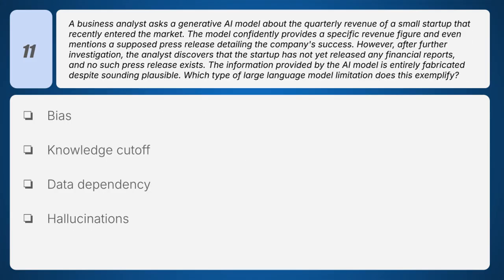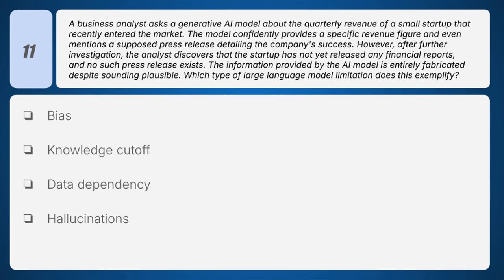A business analyst asks a generative AI model about the quarterly revenue of a small startup that recently entered the market. The model confidently provides a specific revenue figure and even mentions a supposed press release detailing the company's success. However, after further investigation, the analyst discovers that the startup has not yet released any financial reports, and no such press release exists.